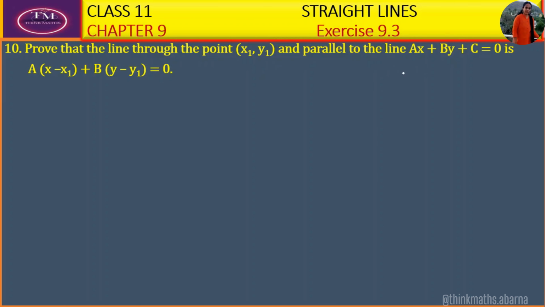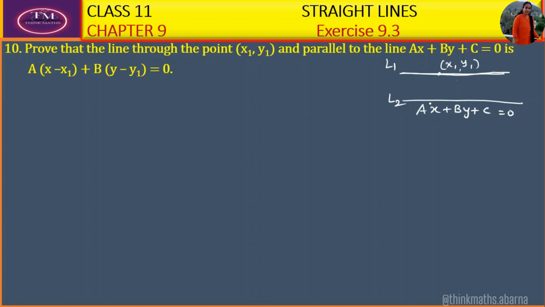So there are two lines. One line passes through x1 comma y1 and this line is parallel to ax plus by plus c is equal to 0. Now we have to find the equation of this line L1.